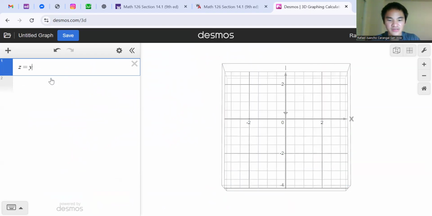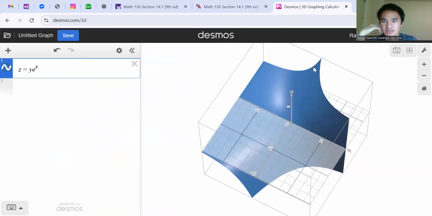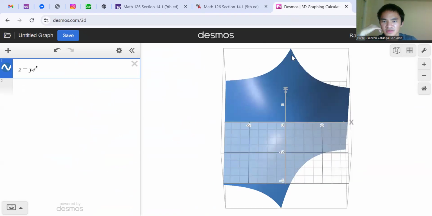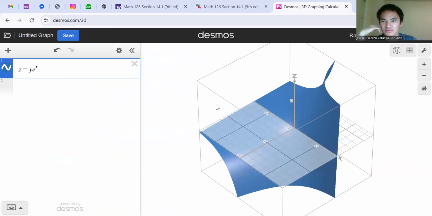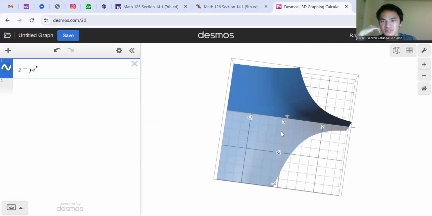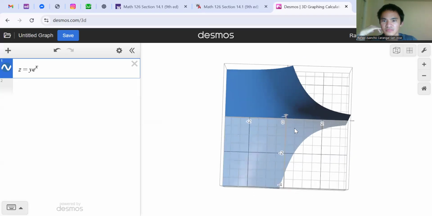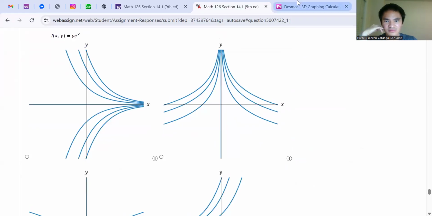I can't imagine how this would look like in terms of 3 variables in one go. Oh my goodness, what am I looking at? Oh, like this. So it's like an exponential kind of thing. Like this. Wow. It actually looks like this.